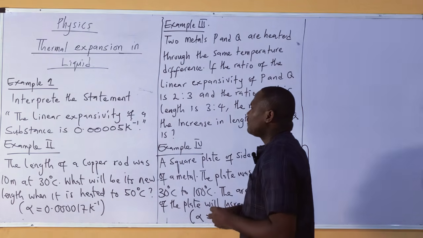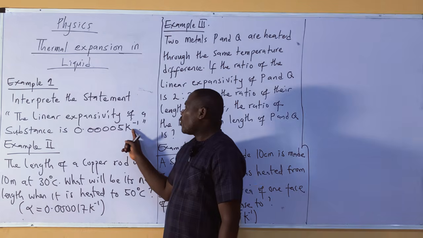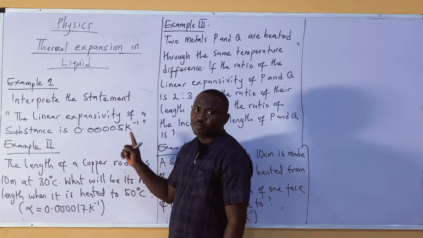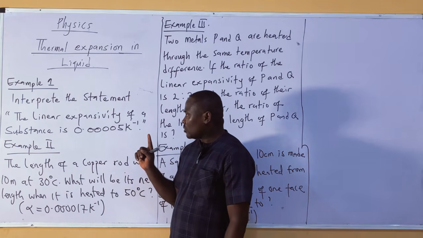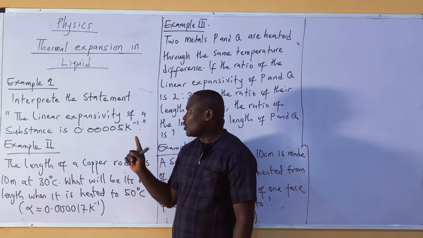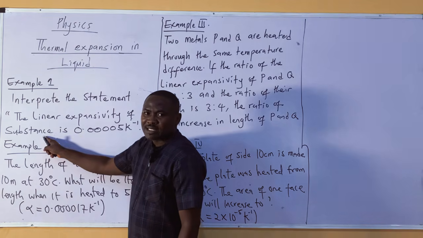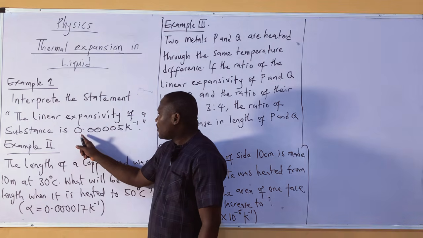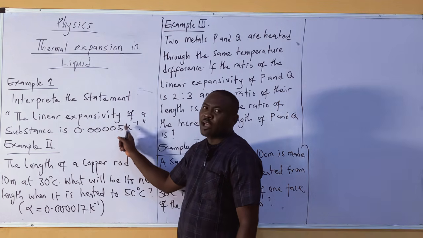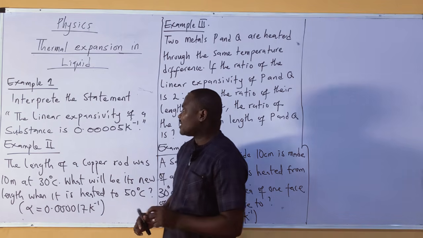It means that for every 1 degree rise or 1 Kelvin rise in temperature, this substance increases in length by 0.00005.